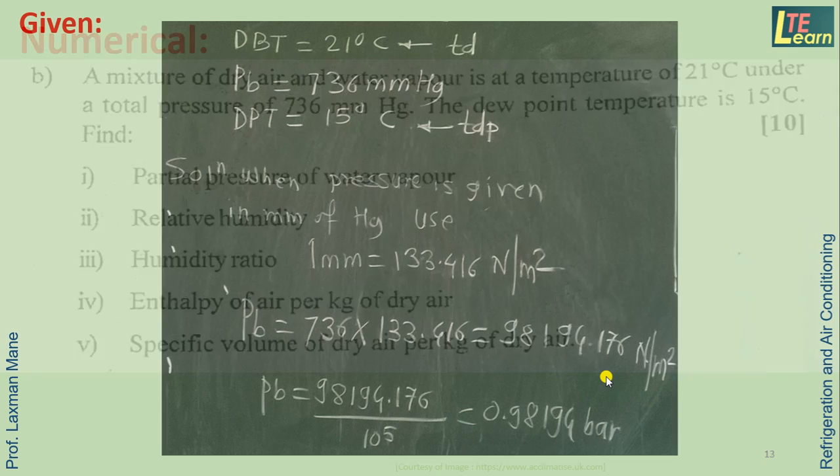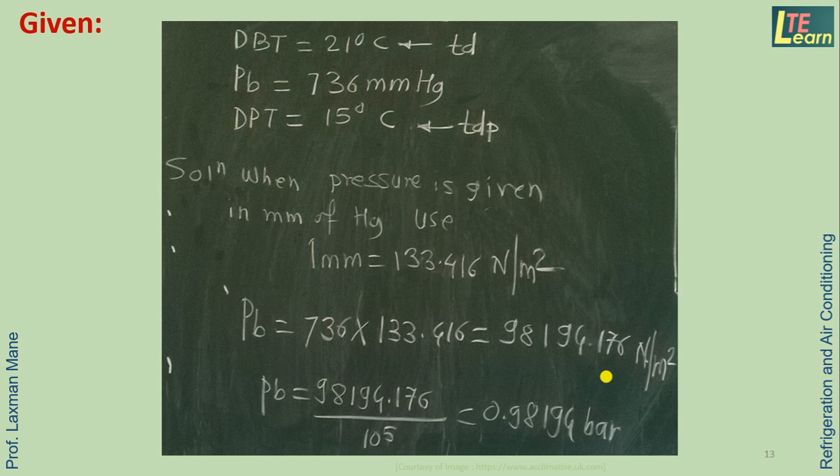So first of all, given data is dry bulb temperature, barometric pressure, means total pressure, and dew point temperature. Now when the pressure is given in mm of Hg, then we have to take this relation that 1 mm of Hg is a pressure of 133.416 Newton per meter square.